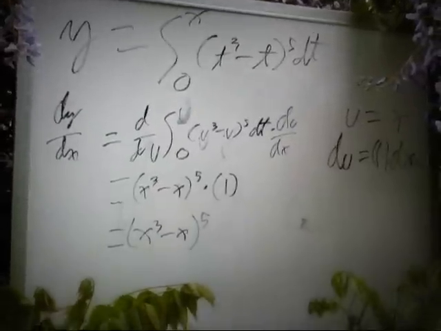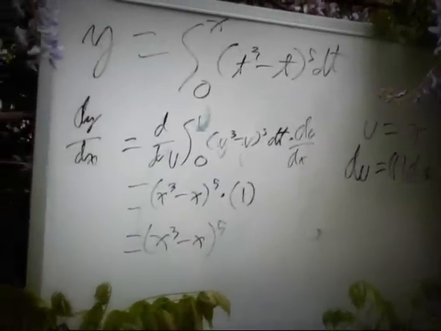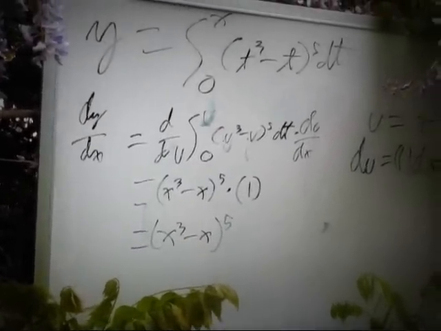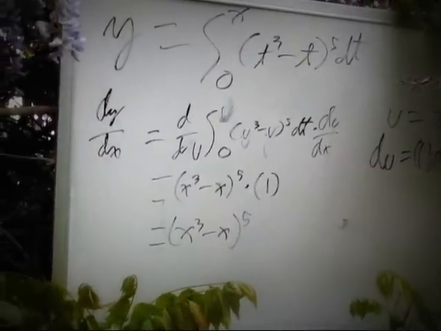Using u substitution here, you didn't quite catch my drift? Well, u equals x and du equals 1 times dx. Then bring it down to x cubed minus x quantity to the 5th power times 1, otherwise known as du over dx, equals x cubed minus x quantity 5th.